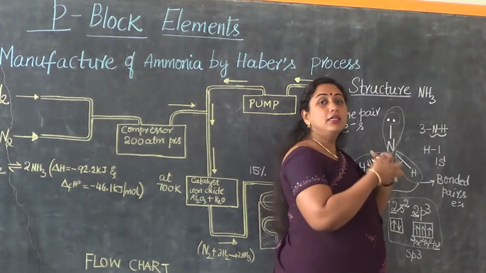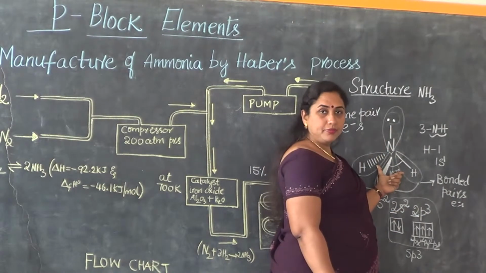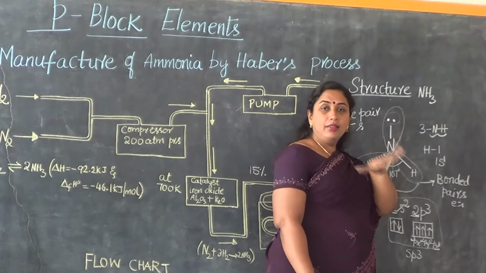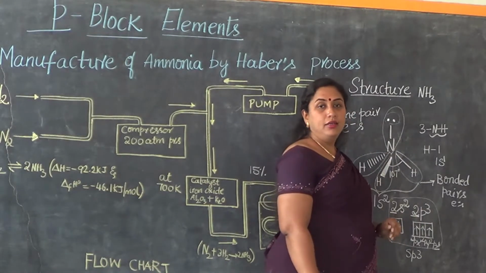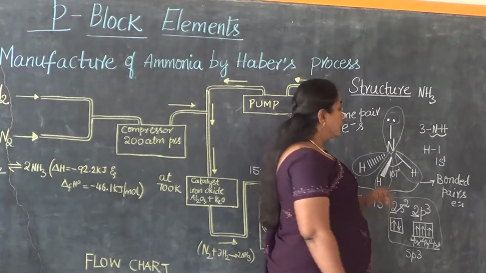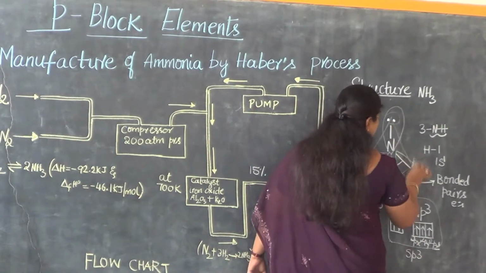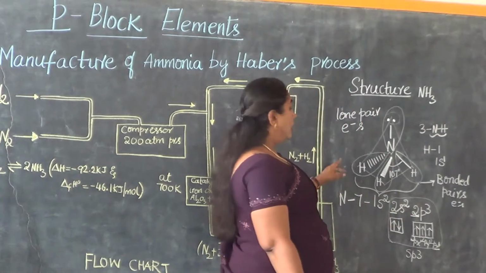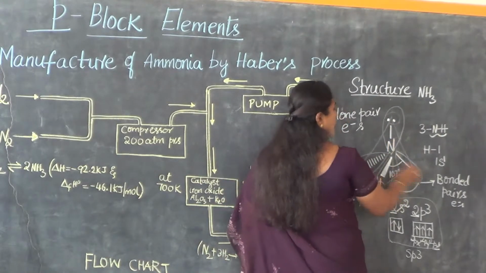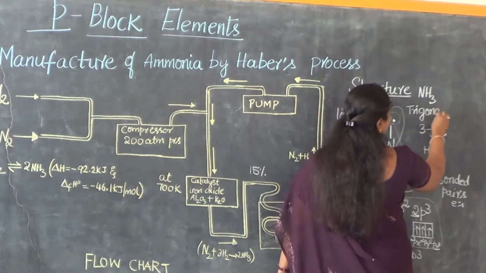There is a repulsive force acting between the lone pair and the bonded pairs. No doubt between the bonded pairs also there will be repulsive force, but that is experienced to a lesser extent in comparison with the repulsion between the lone pair and the bonded pair. Therefore the shape of the ammonia molecule has become trigonal pyramidal. As you can see here, the shape has become pyramidal. We can make 3 corners, so the shape of the ammonia molecule is trigonal pyramidal.